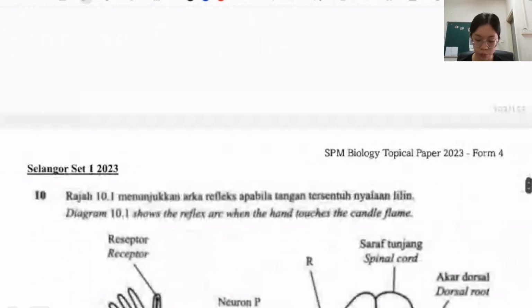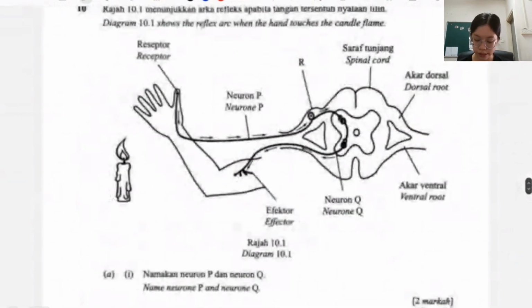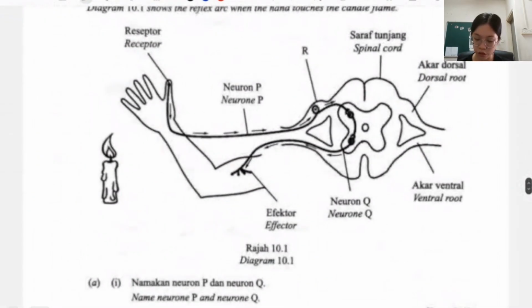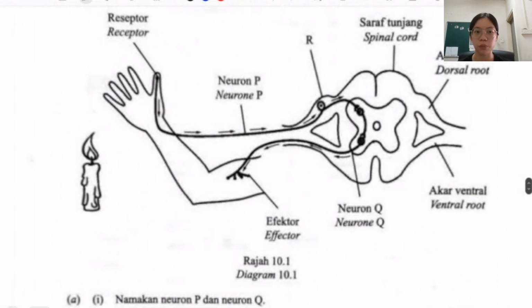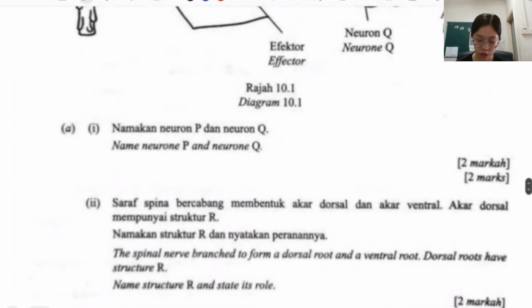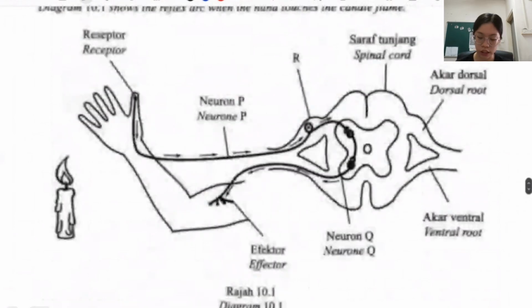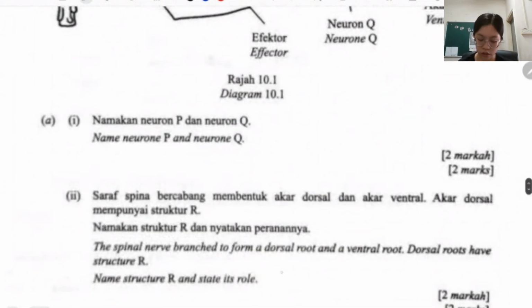Okay, now let's move on to this. Also the same thing: name neuron P and neuron Q. So neuron P is the sensory neuron, neuron Q is the motor neuron. And followed by what is structure R and state its role. Structure R is the dorsal root ganglion. So what does the dorsal root ganglion do?